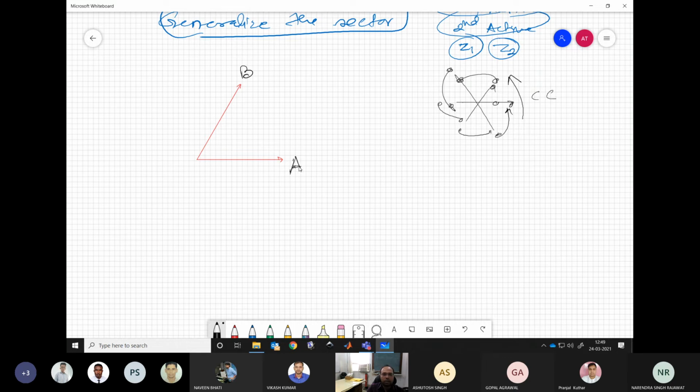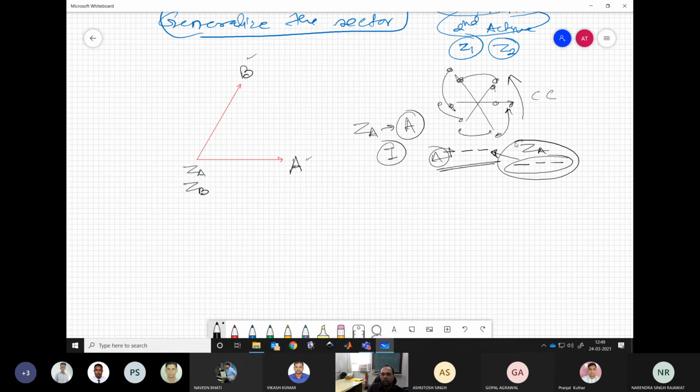Which means starting of the sector we have vector A and ending of the sector we have vector B. And then the zero vectors I call as ZA and ZB. ZA means which is one switching away from A. So for example, for sector 1, I have A vector as plus minus minus, then my ZA would be minus minus minus, only one switching away from vector A, active vector A. So that zero vector is called ZA.